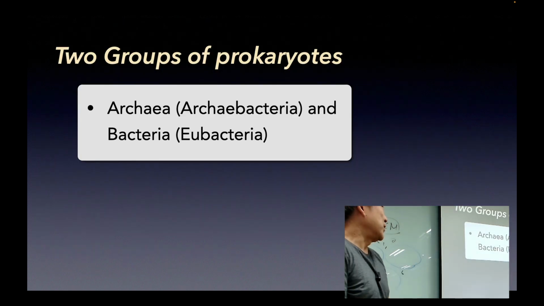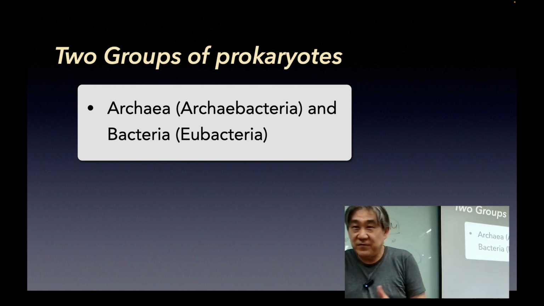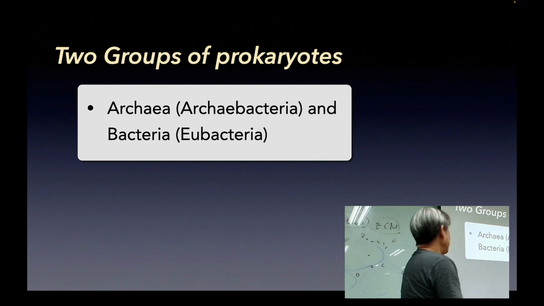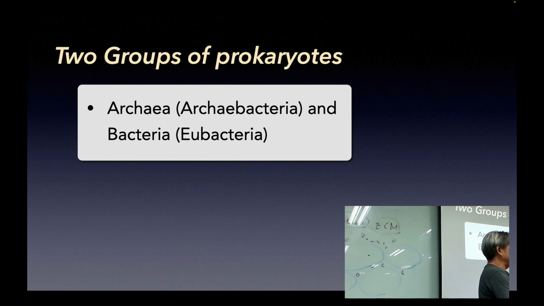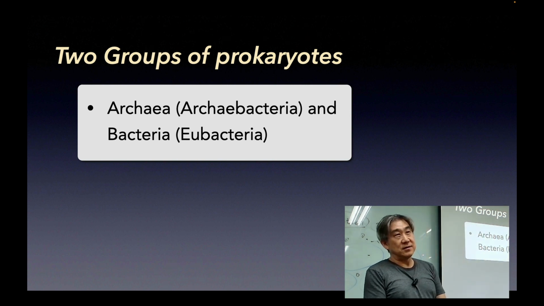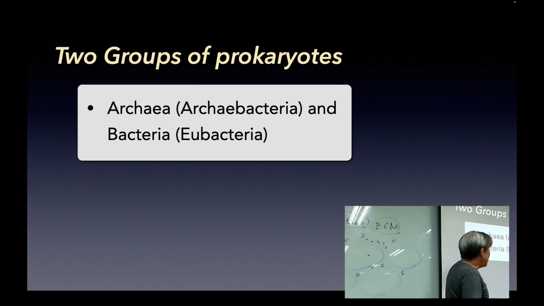Yeah, we can move on to the prokaryote. Briefly, let's take a look at prokaryotes and then come back to the eukaryotes. So prokaryotes are all those cells not having a nucleus and organelles, but there are two different groups of prokaryotes, as perhaps you know by now. One is called archaebacteria.